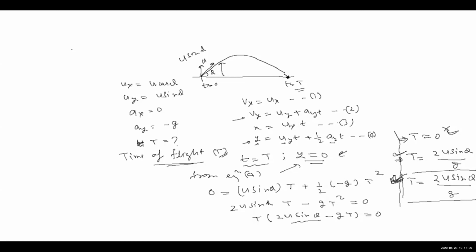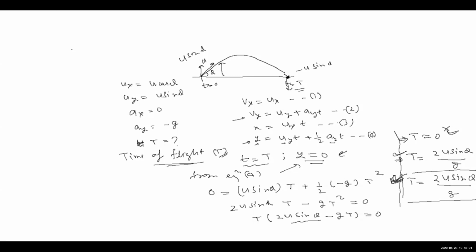What does minus u sine theta mean? Opposite direction. Opposite direction. You learned in vectors. So the speed becomes the same again here. The y component of the particle's velocity is again the same. Only the direction has changed when the particle reaches this point. That's the observation we have got.